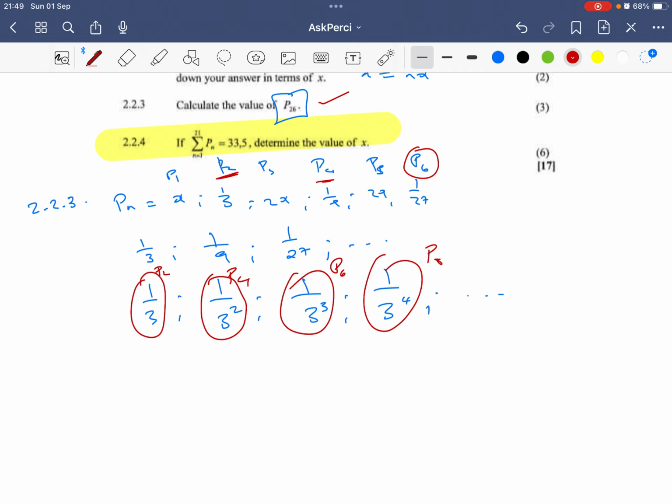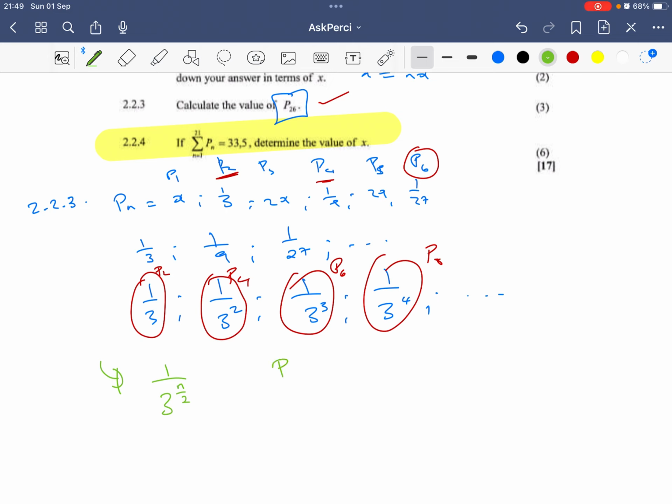So would you agree with me if I say this is essentially equal to 1 over 3 power n over 2, depending on what your n is?